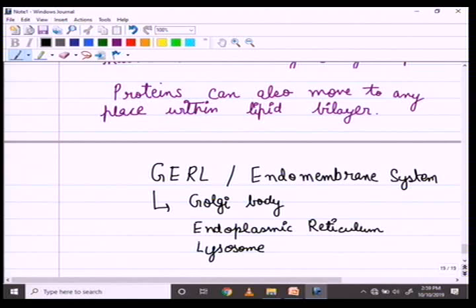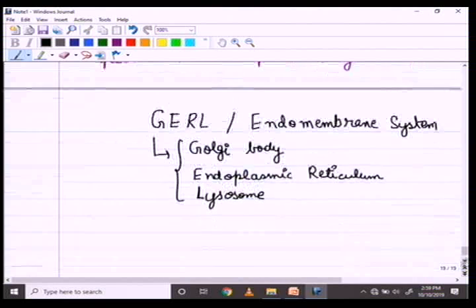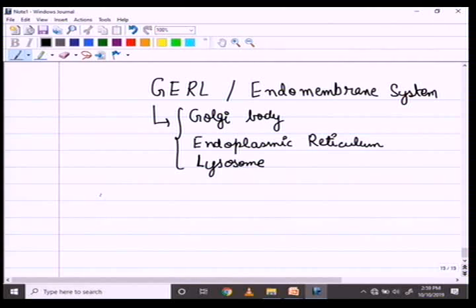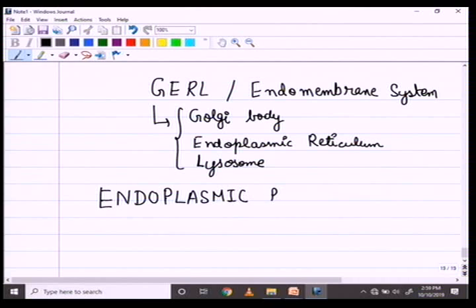This is the expansion of the term GERL. Now we are going to study this one by one. First of all, we have to study the endoplasmic reticulum.